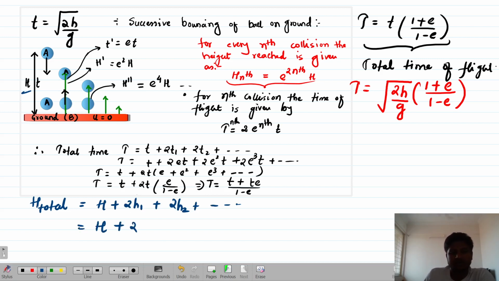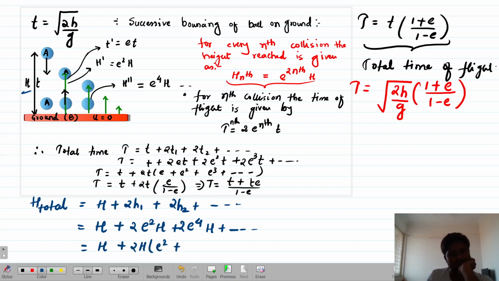H plus twice e square H plus twice e to the power of 4 times capital H and so on. This will be my equation. Once again, take the common h plus twice h common, e square plus e to the power of 4 plus and so on. Is that clear?